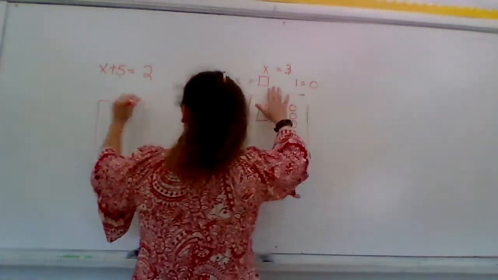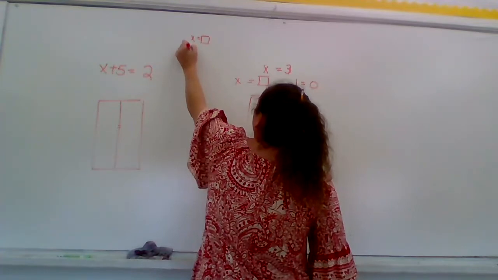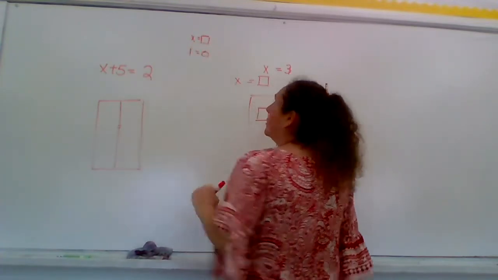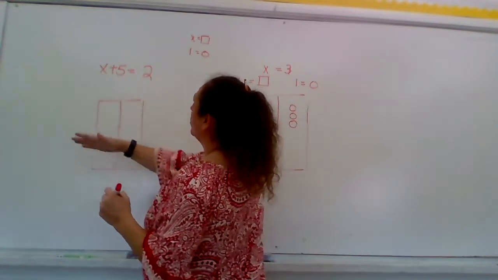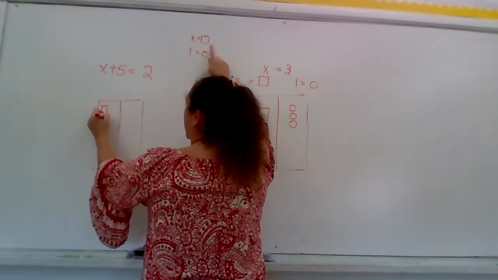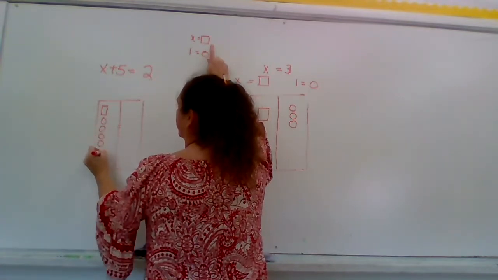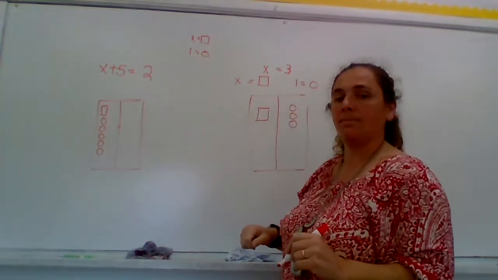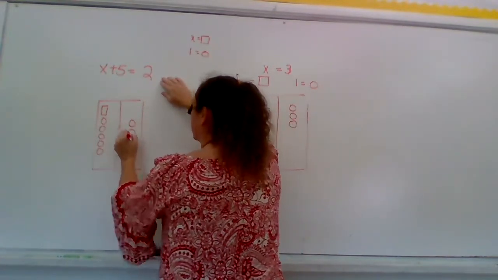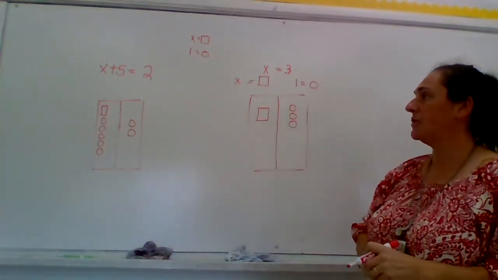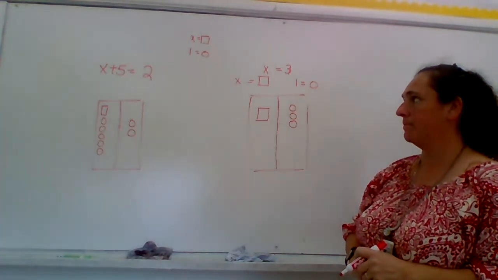So again, if we're going to use the same thing of x's is equal to my squares and my numbers are equal to my circles, then I would have x plus 5 on one side. So I would have 1x and then 5 circles. Okay? Then, if this is going to represent 2, then I would just have 2 on the right side.